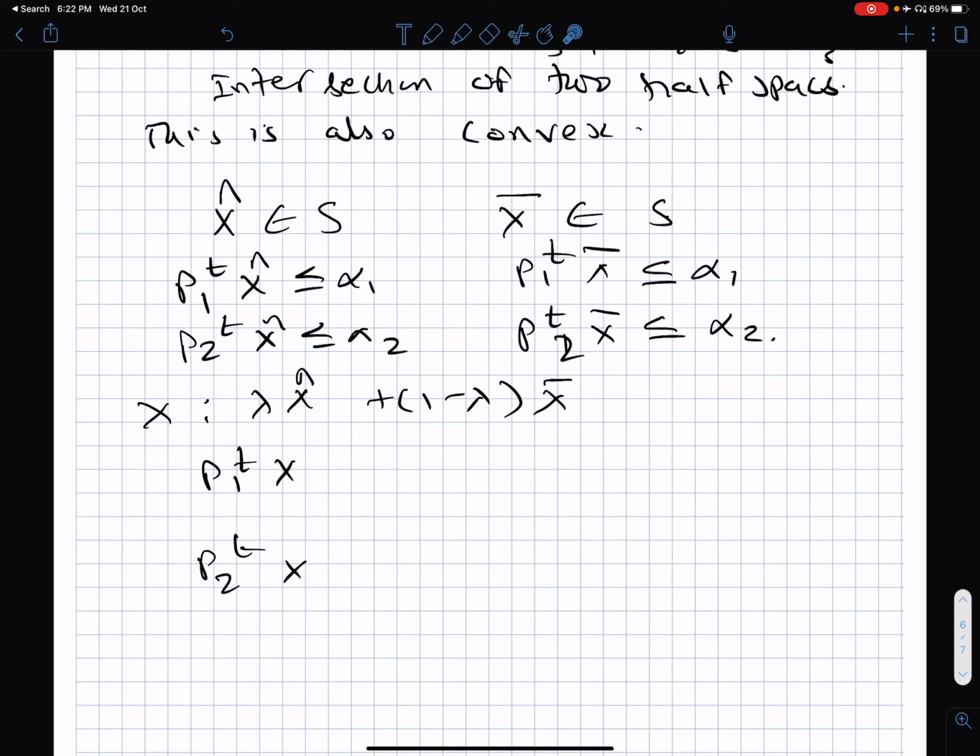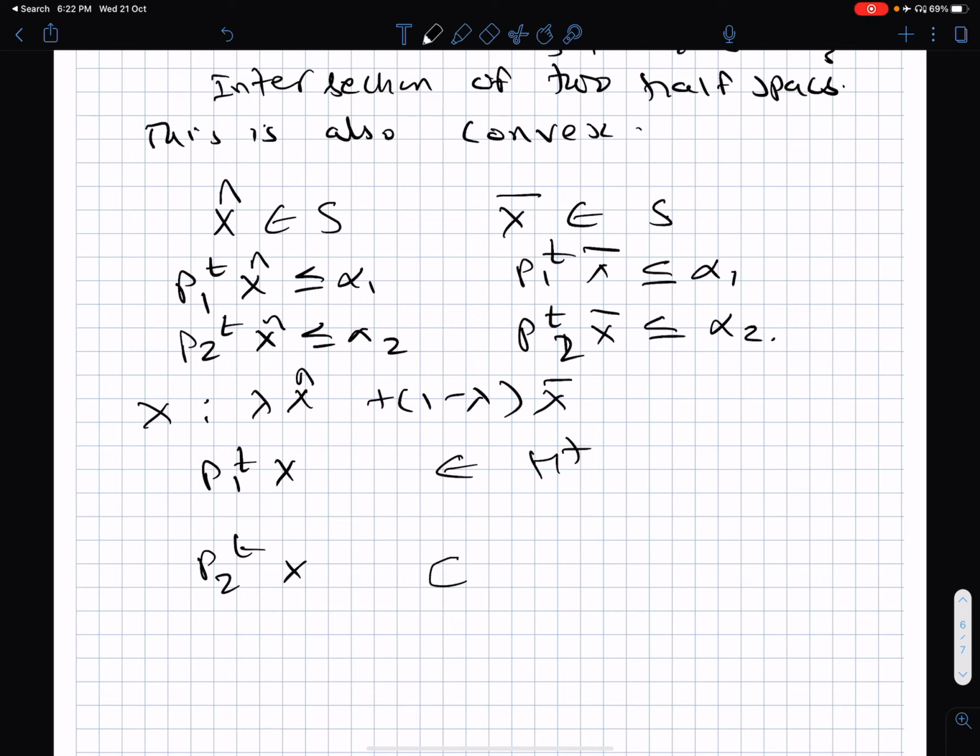So P1 transpose x is less than or equal to lambda times alpha 1 plus 1 minus lambda times alpha 1, which together makes it less than or equal to alpha 1, and hence x belongs to H plus.